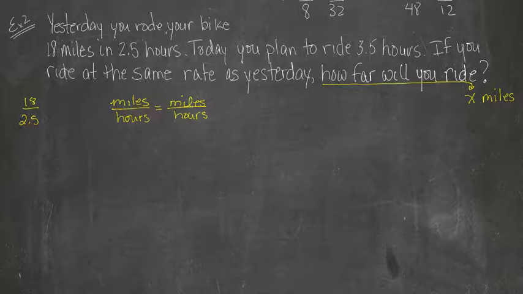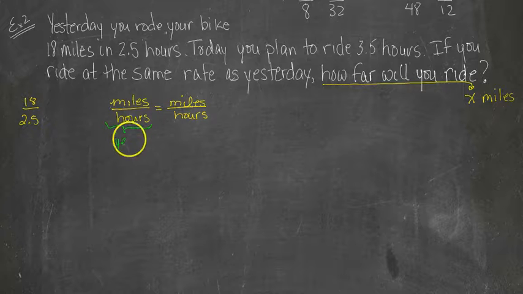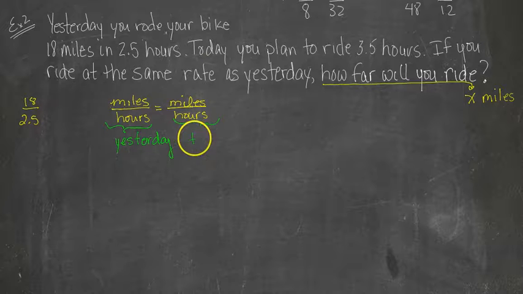So let's look at yesterday's situation. So we're going to identify this as the yesterday, and we're going to identify this side as the today. And so we want to keep all of our information from yesterday, and all of our information for today. So let's set this up.